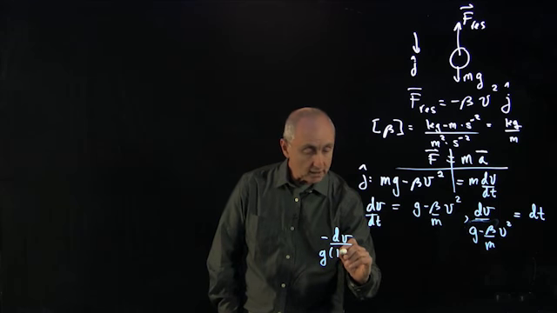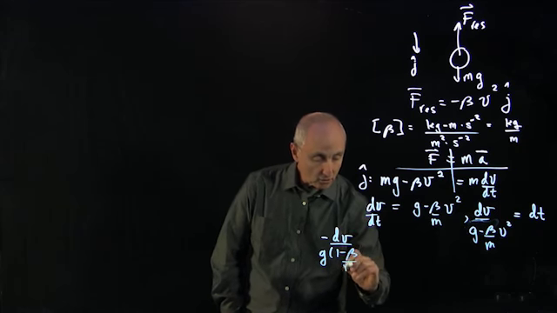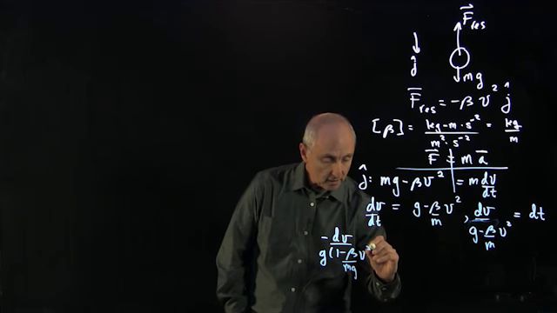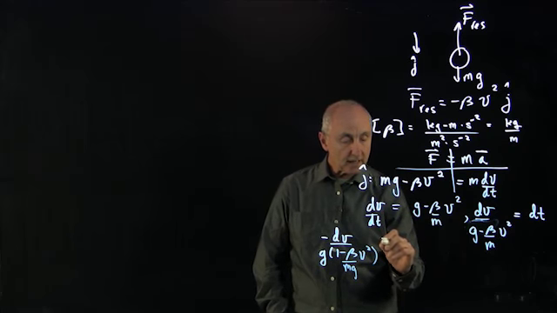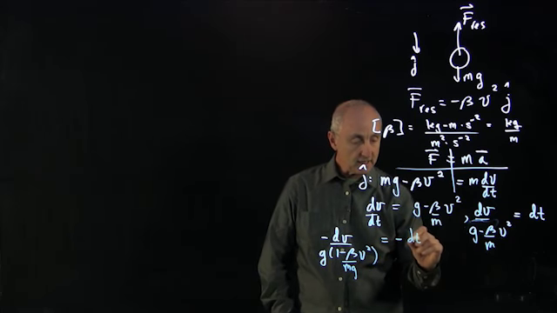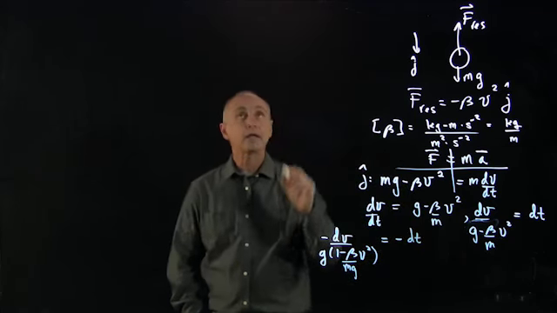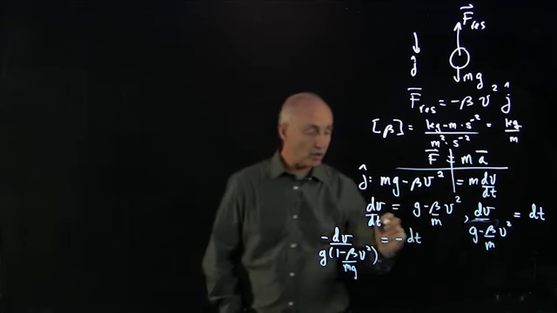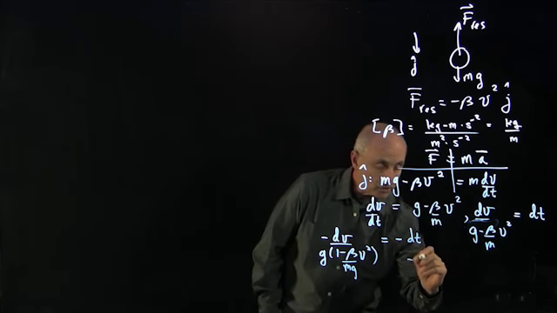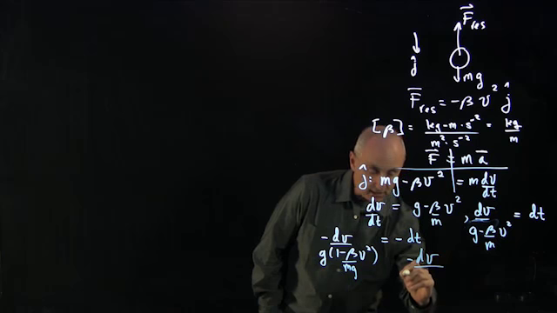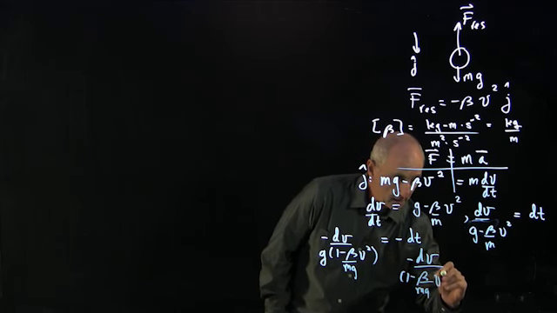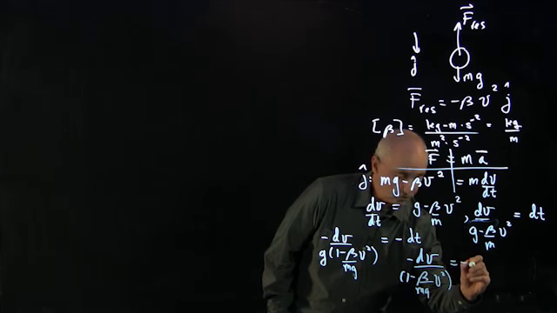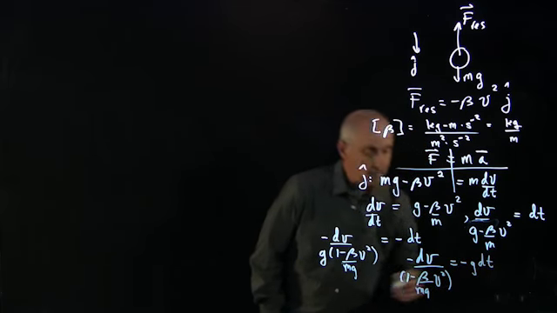So I have 1 minus beta over mg v squared, and on the other side, I have minus dt. Now I can get this equation in the form that I'd like to integrate, which is minus dv times 1 minus beta over mg v squared equals minus g dt.